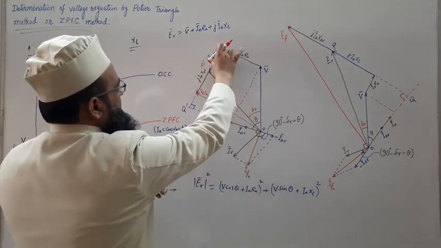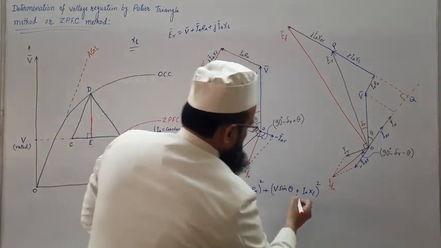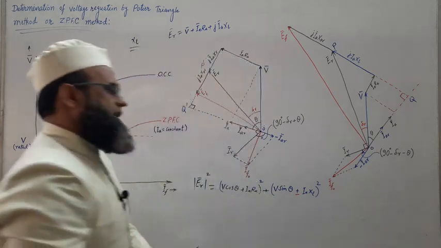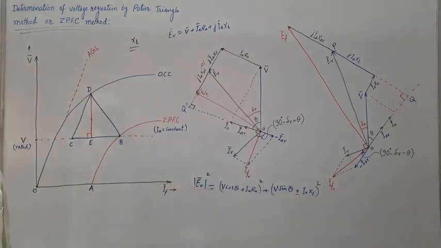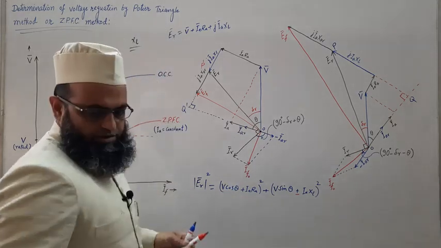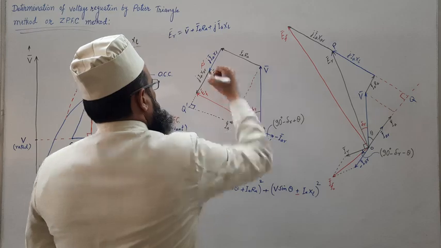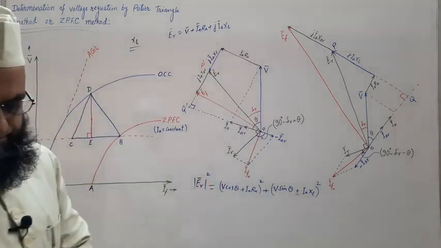Then we need to subtract this in order to get this. So this will be IaXL. So just we need to put minus sign for leading power factor. Formula will be same. We have already discussed these things in our previous lectures. No need to worry. So by anyhow we will get Er.